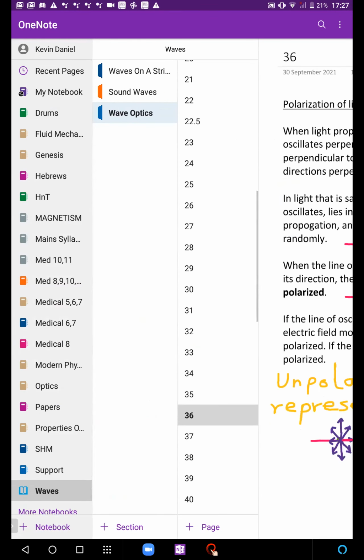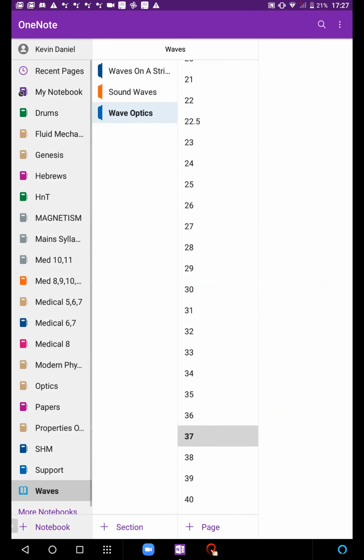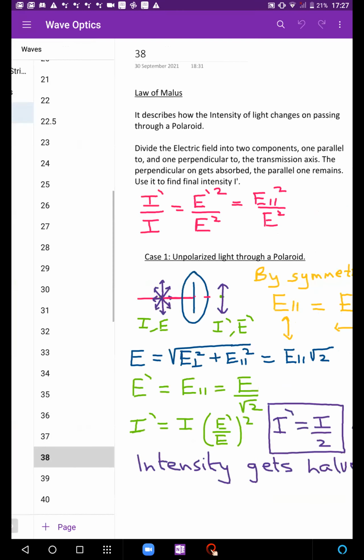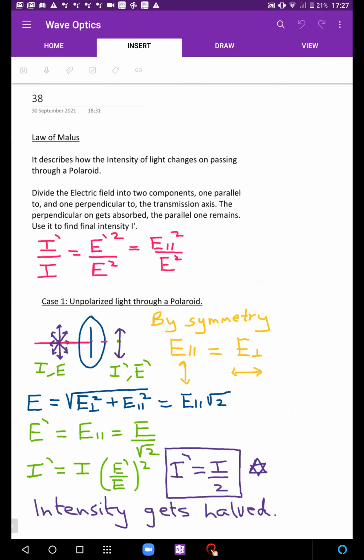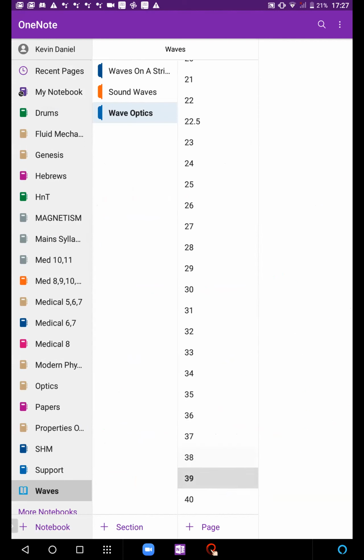Anything else over here? Polarization, I think simple. Let's summarize it with the law of Malus. So what it says is that when light passes through a Polaroid, when it gets polarized for the first time, intensity becomes half.